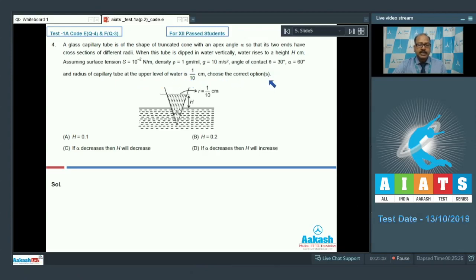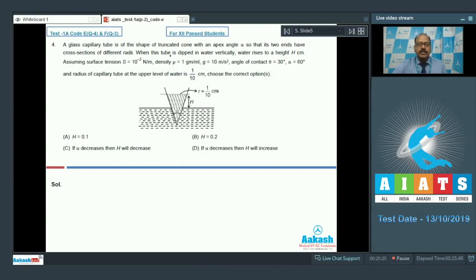Choose the correct options. Option A says H is 0.1, option B says H is 0.2, option C says if alpha decreases then H will decrease, and option D says if alpha decreases then H will increase.